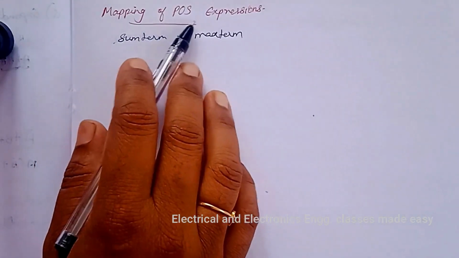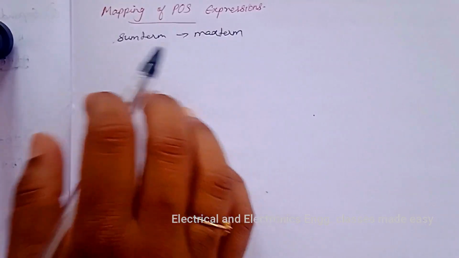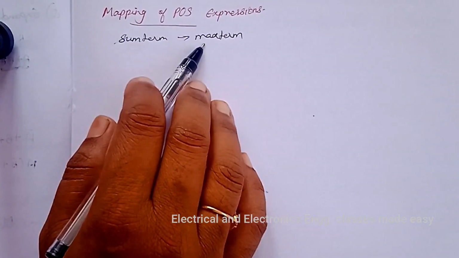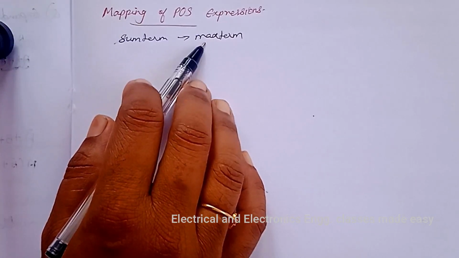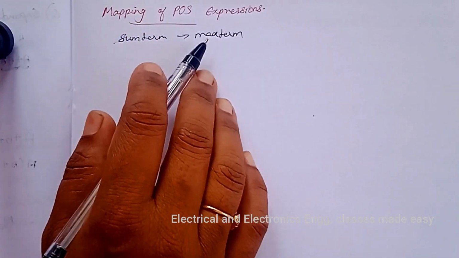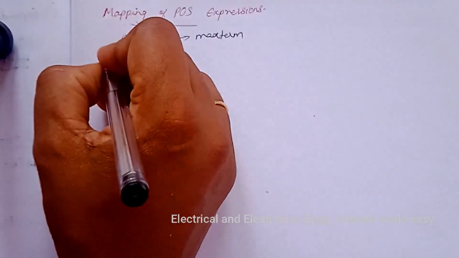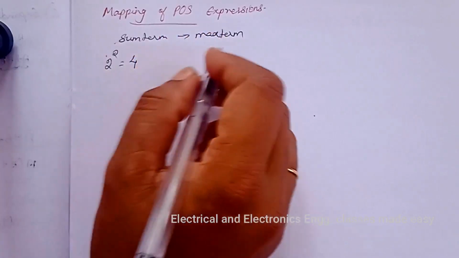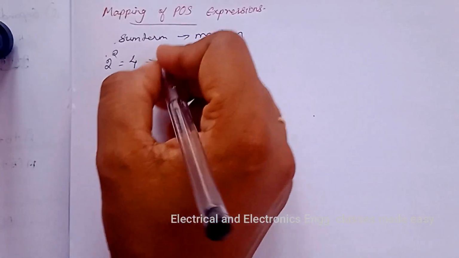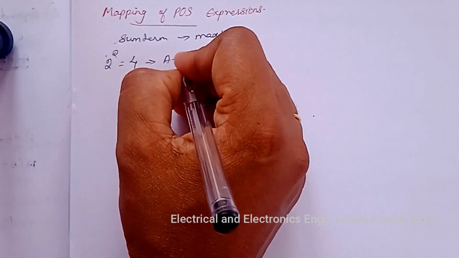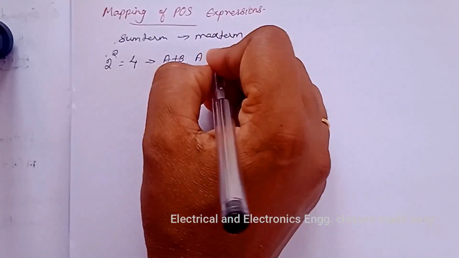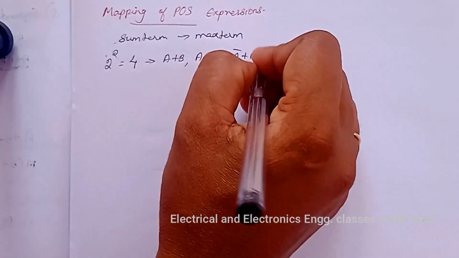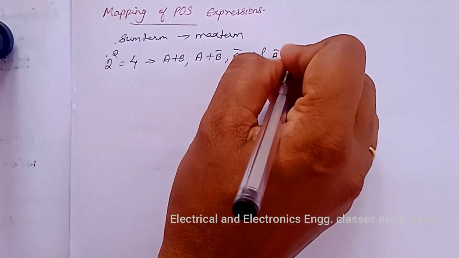Next is mapping of POS expressions. Each sum term in the standard POS expression is called a max term. A function in two variables has 2 raised to 2, that is 4 possible max terms, and they are A plus B, A plus B bar, A bar plus B, and A bar plus B bar.